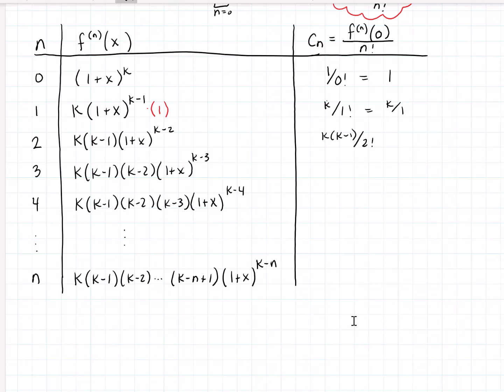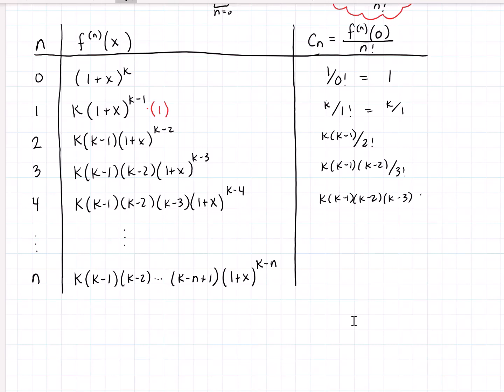We'll just leave them as factorials. By the third derivative, k times k minus 1 times k minus 2 divided by 3 factorial, and the fourth derivative, k times k minus 1 times k minus 2 times k minus 3 divided by 4 factorial.